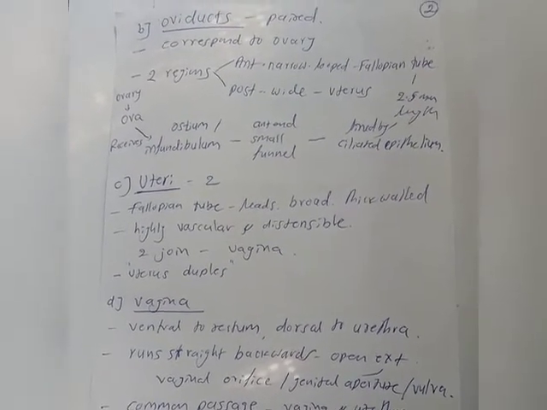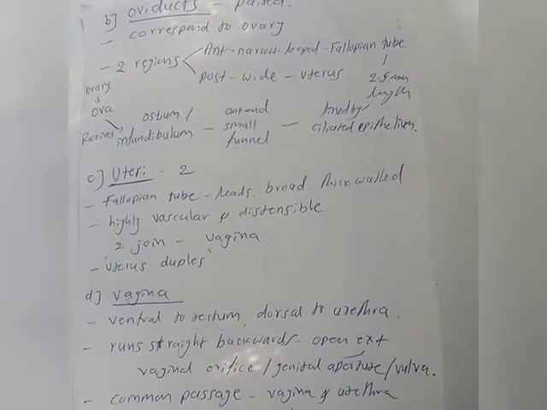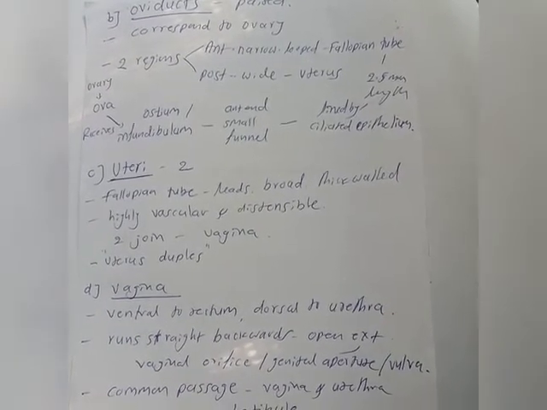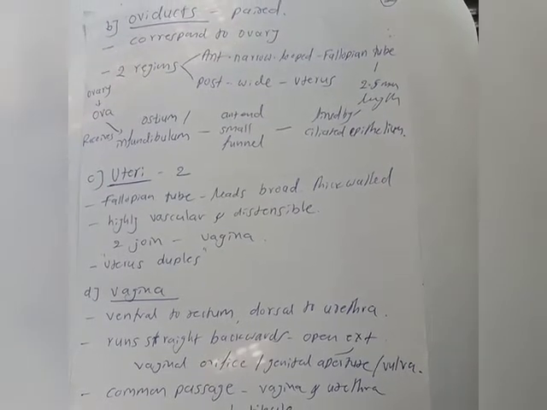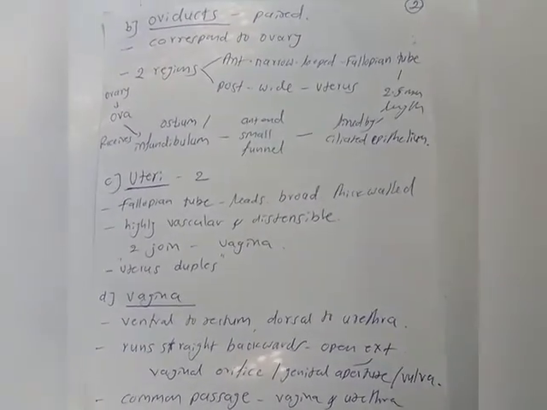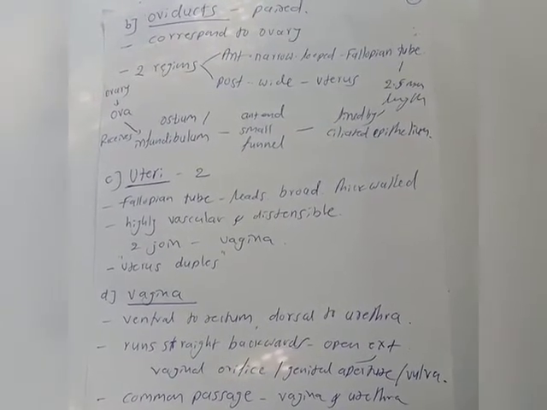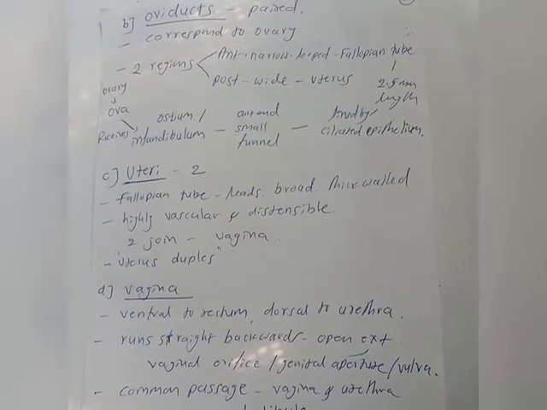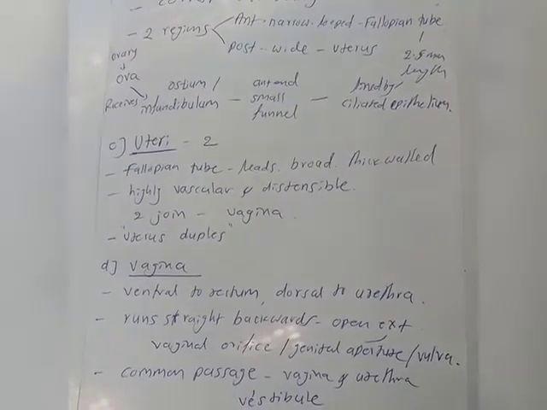The 2 uteri, one from each side, approach each other and join to form a median muscular passage called vagina. The uterus of this type is often called uterus duplex. ह्या पद्धतीच्या युटेरसला काय म्हणायचं? Duplex म्हणायचं. Then next one is the vagina.